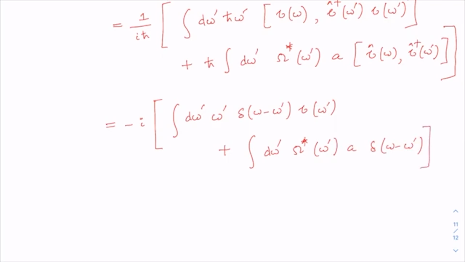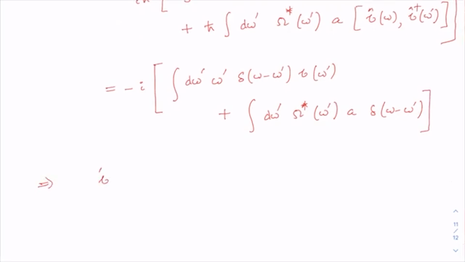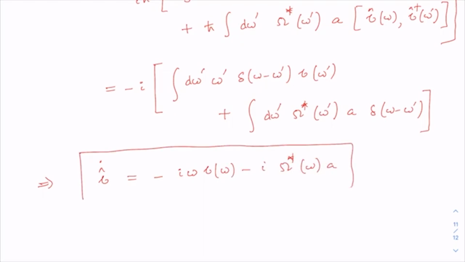Then we can utilize the property of the Dirac delta function, and this will give us the equation of motion for the bath mode, and that would be b dot is equal to minus i omega b of omega minus i omega star of omega a. So this is the equation we get.